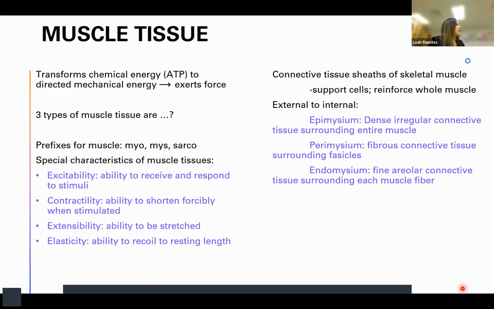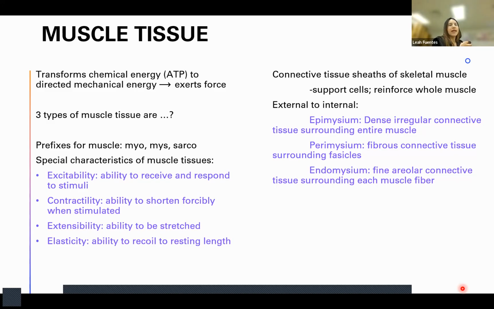Okay, and then we get into some of the anatomy. So we have connective tissue sheaths of skeletal muscle, which an image will pop up in a bit. This supports the cells and reinforces the whole muscle. And then if we're moving externally to internal, we've seen this before. We have epi, peri, and endo, and then mysium. So again, that mys is referring to muscle.